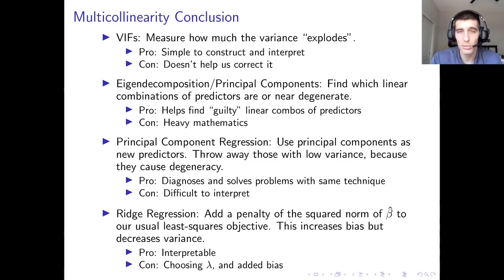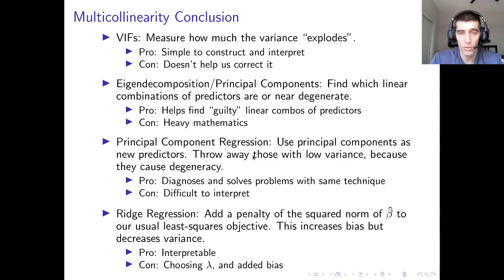With the Eigen decomposition, we can find which linear combinations of predictors are degenerate or nearly degenerate. That's helpful because we can actually find the guilty, nearly degenerate linear combinations of predictors. We can find them using the eigenvectors corresponding to the eigenvalues which are 0 or near 0, right? In principal component regression, we use our principal components to build new predictors.